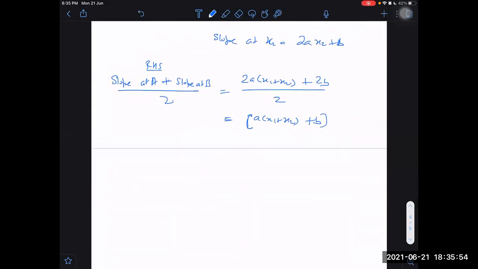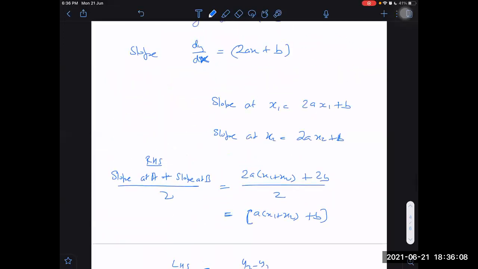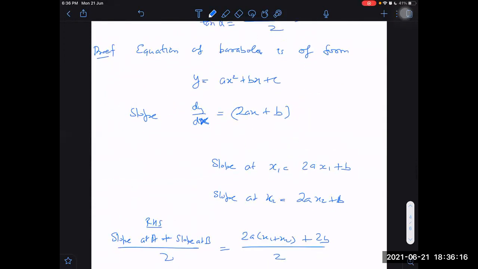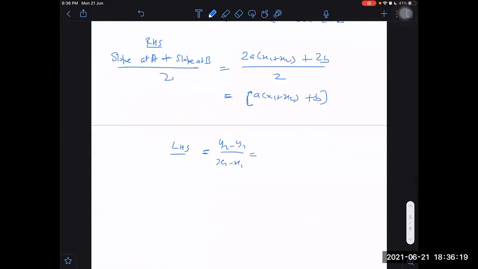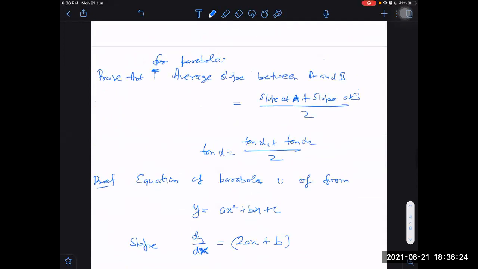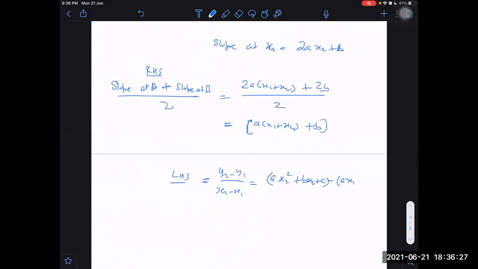Want to prove this one. How to prove it? Now, RHS is done. LHS will be y2 minus y1 upon x2 minus x1. What is y2 minus y1? Let us take the difference. a x2 square plus b x2 plus c minus a x1 square plus b x1 plus c, divided by x2 minus x1.